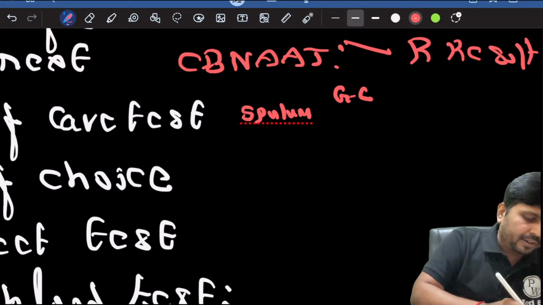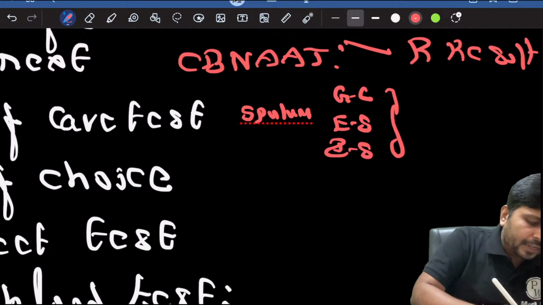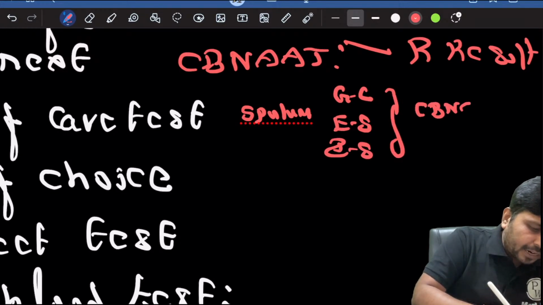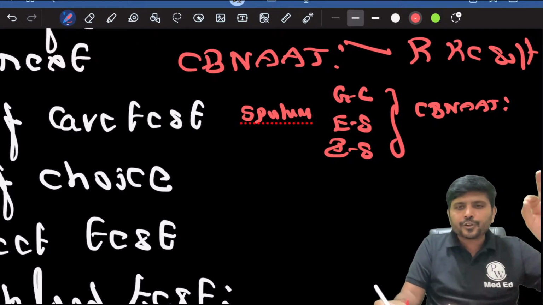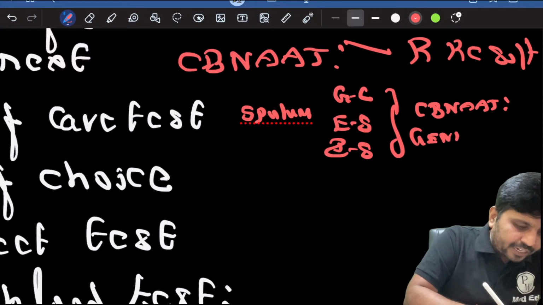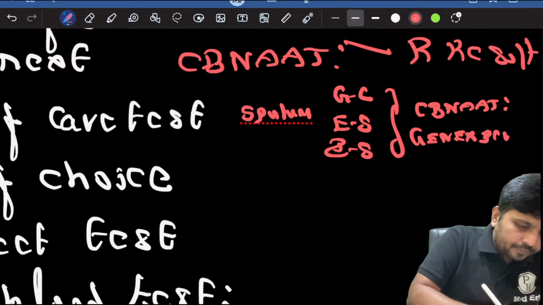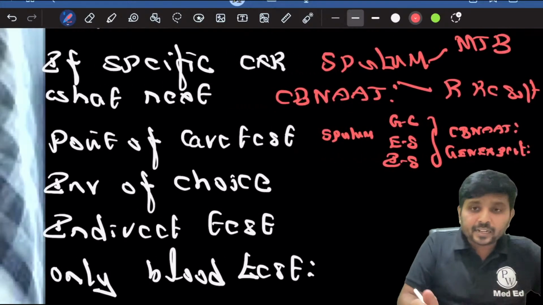One is gastric lavage, second is expectorated sputum, and third is induced sputum. With that, you need to do CB0. So CB0 is the point of care test, the cartridge based nucleic acid amplification test, otherwise known as gene expert.